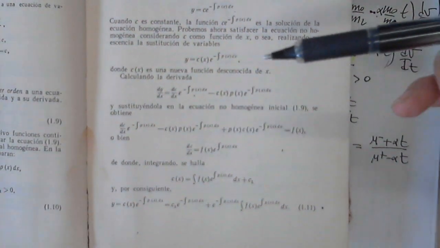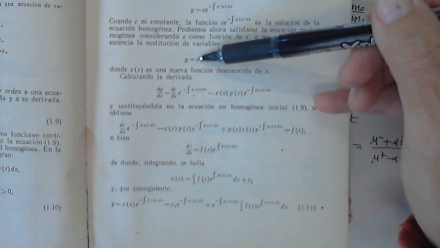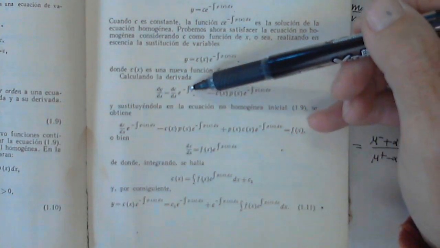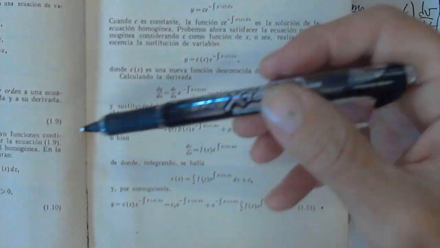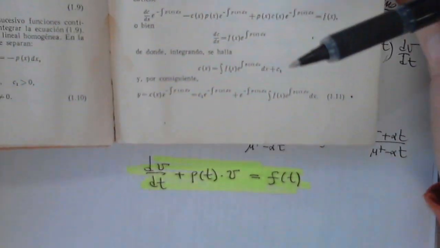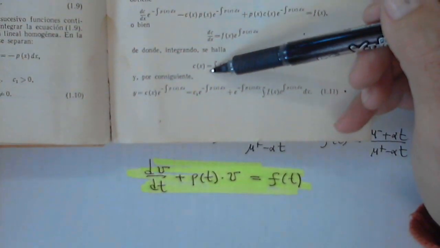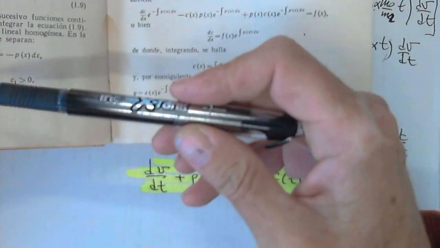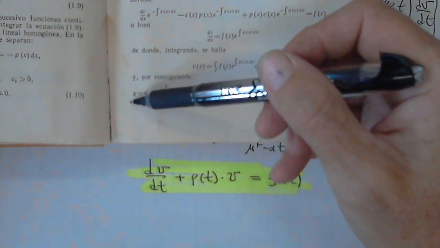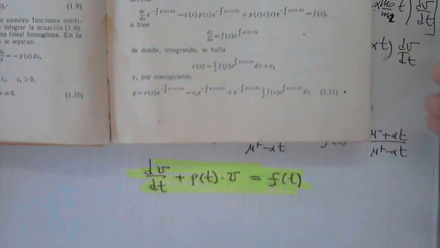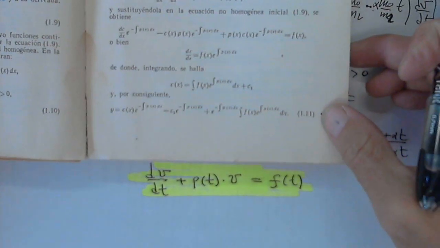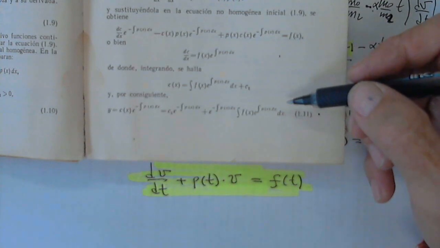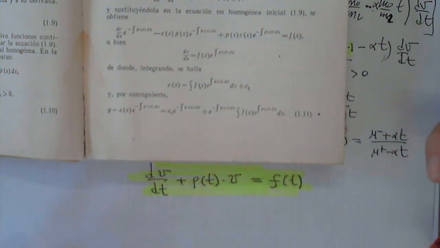And then you make this constant from the homogeneous solution a function, and then find the derivative with respect to x, and you get this expression substituted back in the original equation, and you get an equation for c, that is this thing over here, and then you substitute c over here on the previous equation, and you get the solution like this. So I'm going to just write this solution, but remember that x is t and y is v.